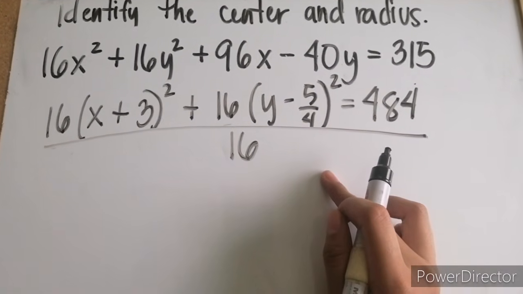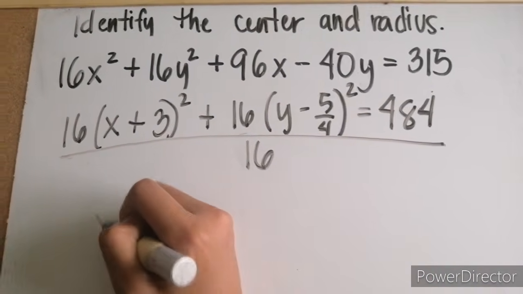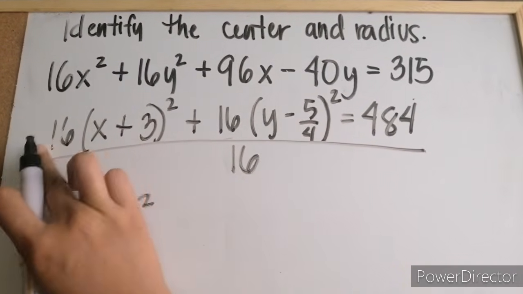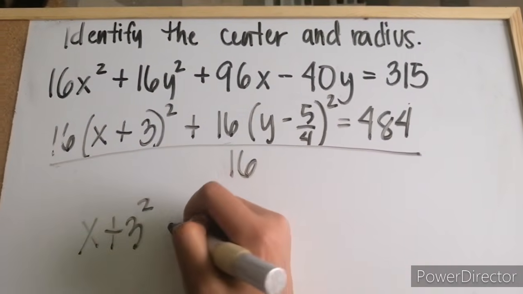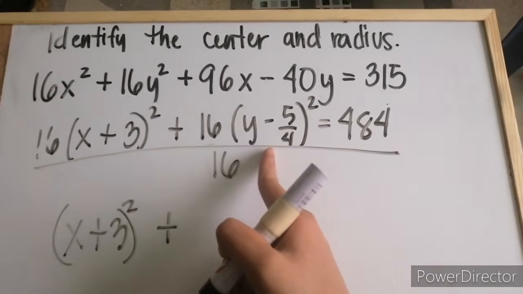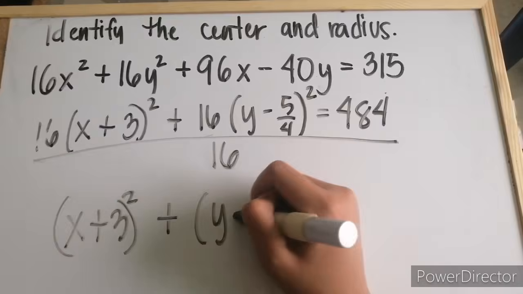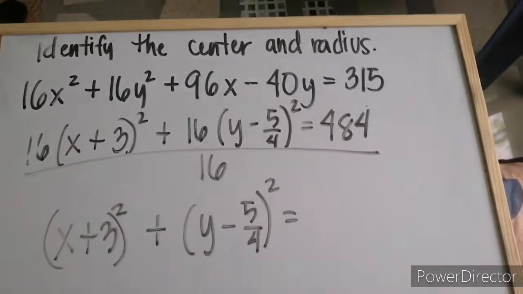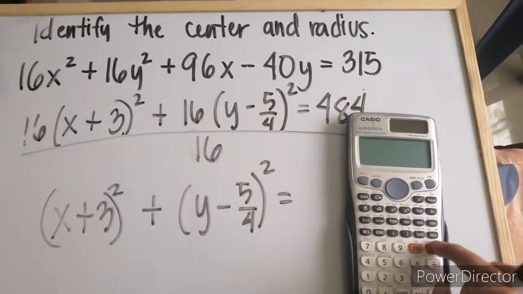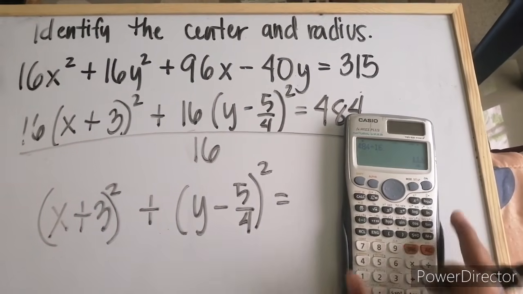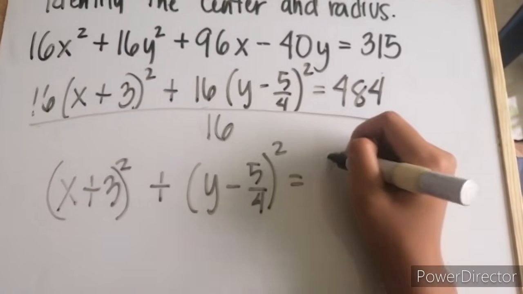So we will leave here just x plus 3 squared, since it will simply cancel the 16, plus y minus 5 over 4 squared is equal to 484 divided by 16, that is 121 over 4.